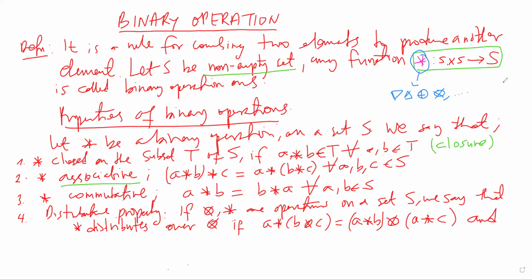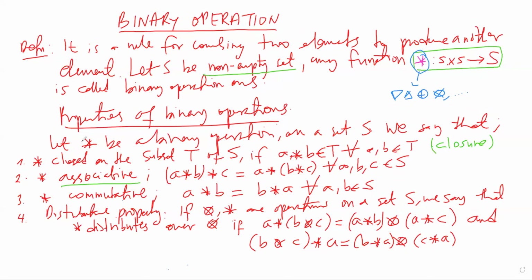And if we have (B operation C) star A, it is also equal to (B star A) operation (C star A).